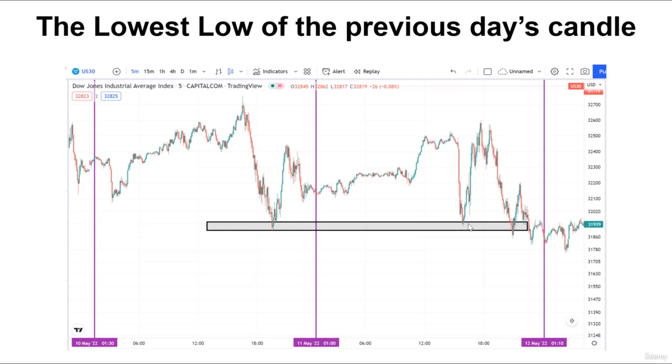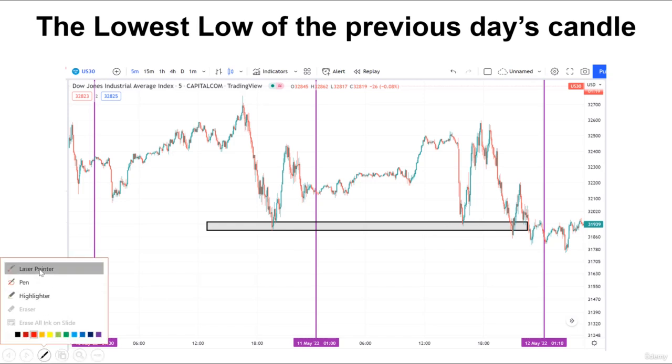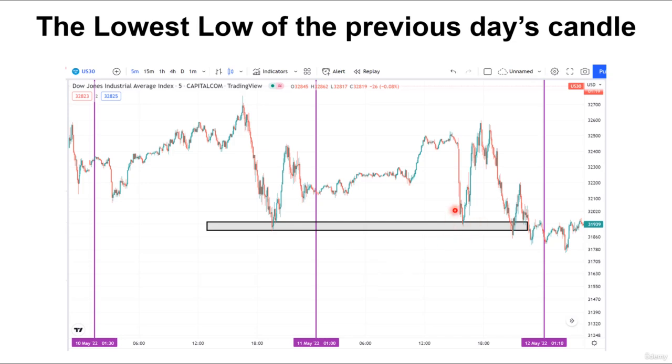You should wait to see some reaction, and when there is a reaction something like this, then you can enter after getting persuaded. You say, okay, it was supported here, so I enter here and I put my stop loss below this because it was supported once here.